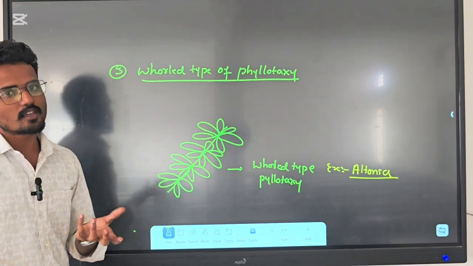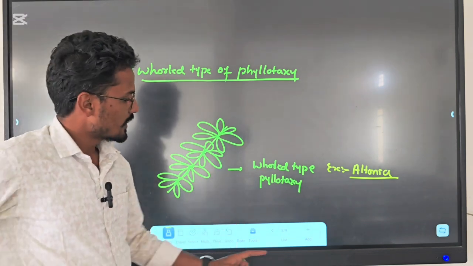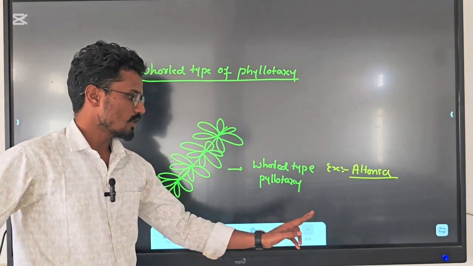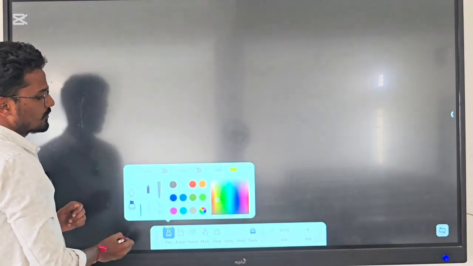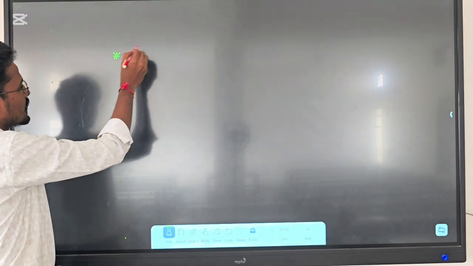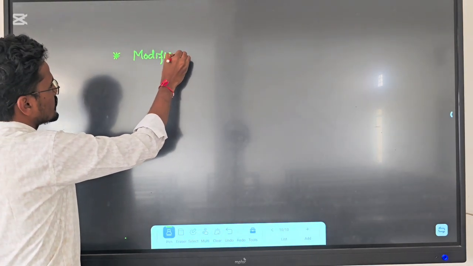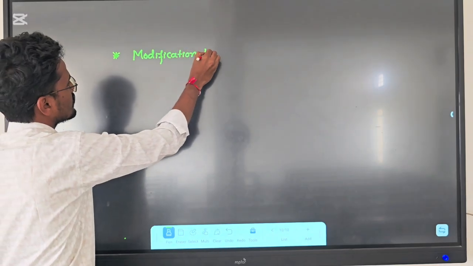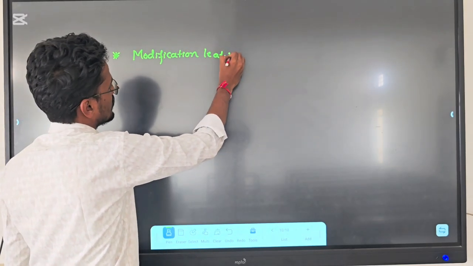Next, another topic is there, and it is very important, and it is also related to the leaf only. That is modification of leaf. We'll see how leaves are modified. Let me write the heading: modification of leaf.